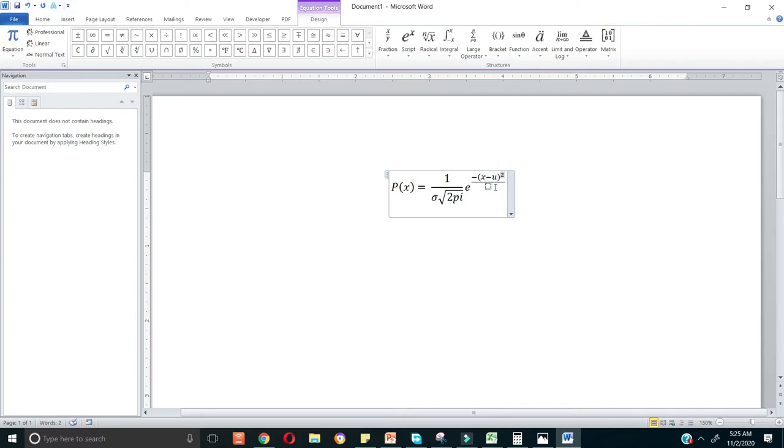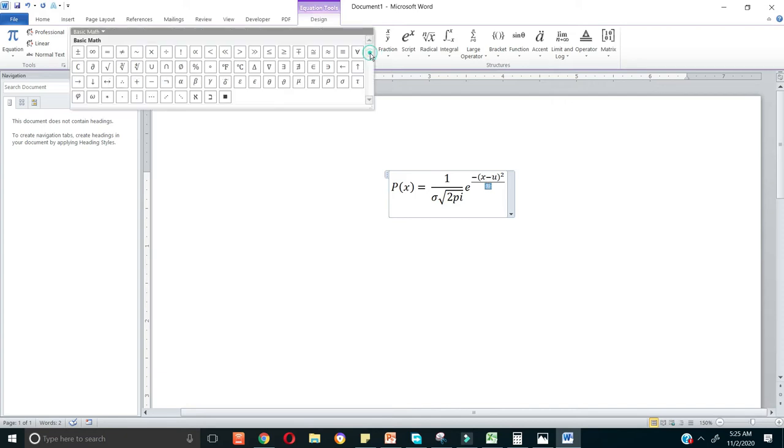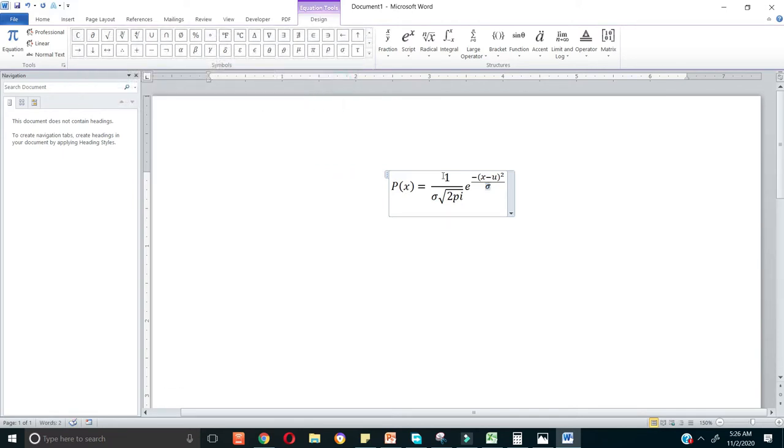I said in general this would actually be provided. X minus mu squared over sigma, and it's squared.